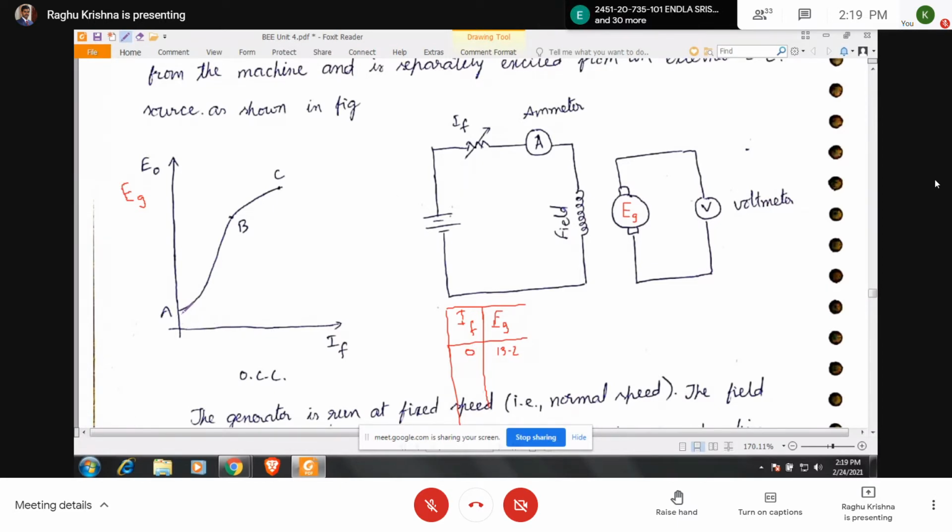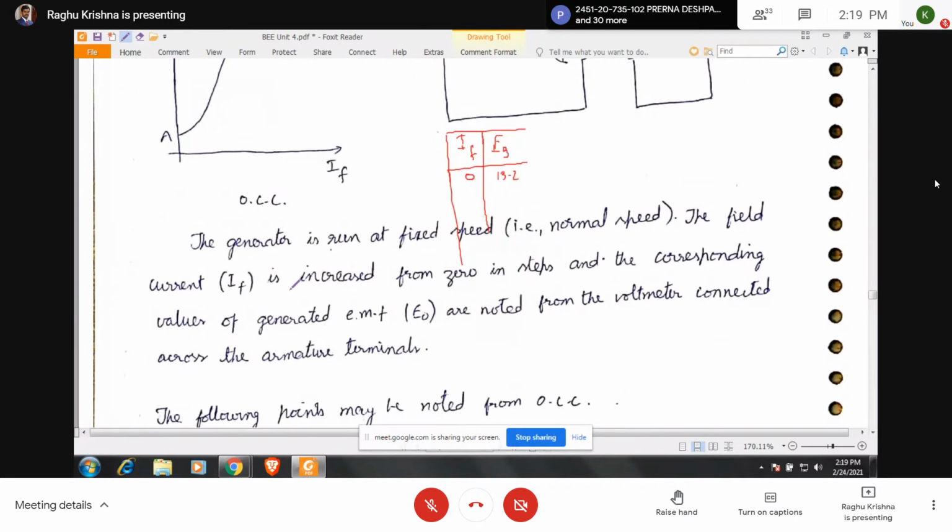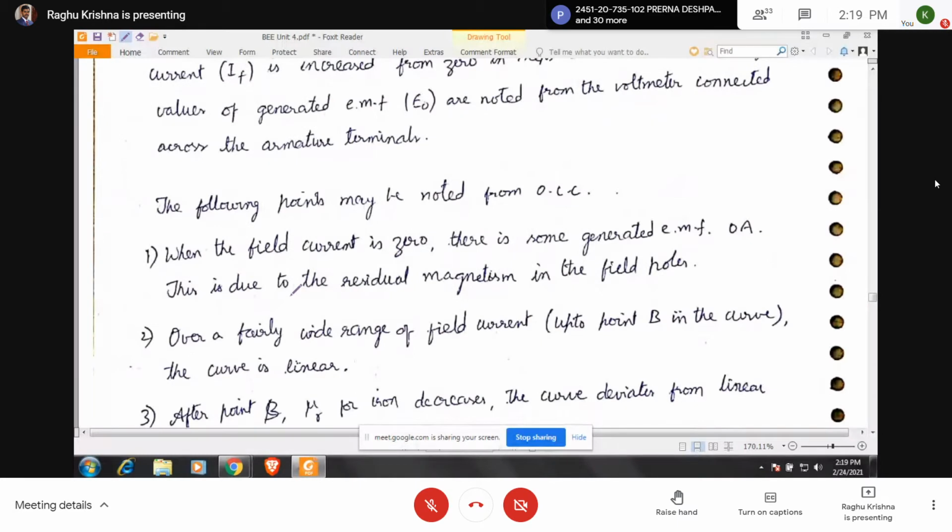That induced EMF is called residual voltage. When the field current is 0, there is some generated EMF OA. This is due to residual magnetism.